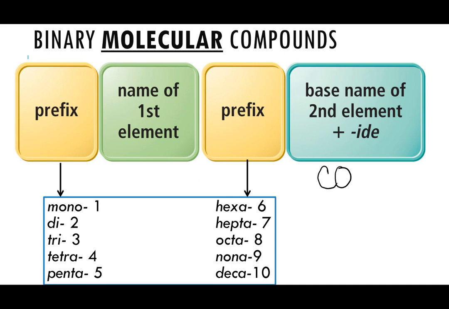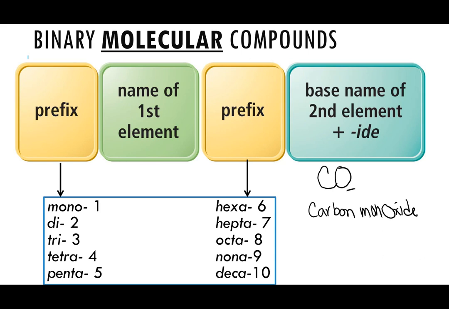Okay. So let's systematically go through. So name of the first element, carbon, base name of the second, plus IDE, oxide. We've got 1 oxygen, so that's going to be monoxide.